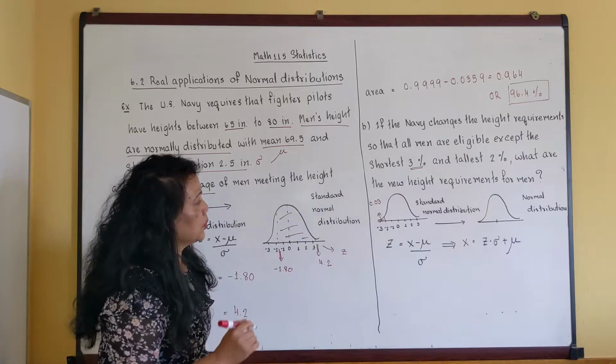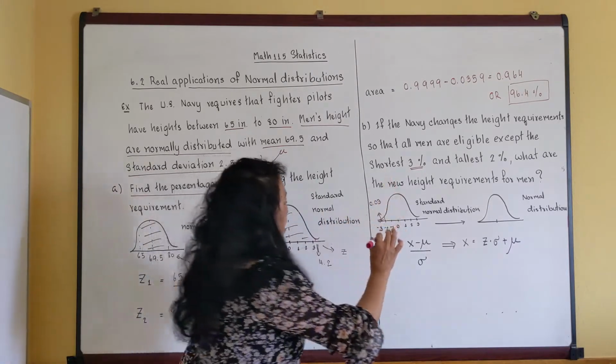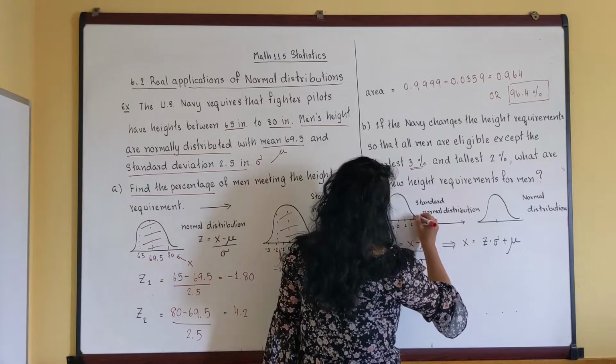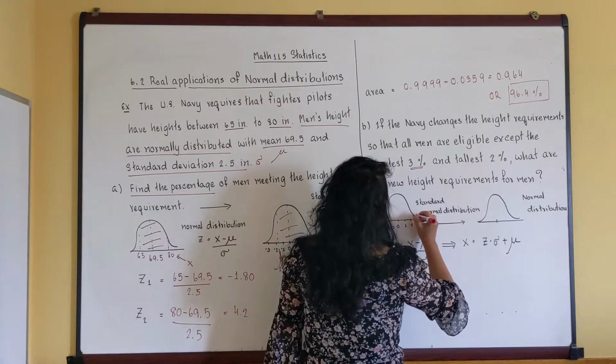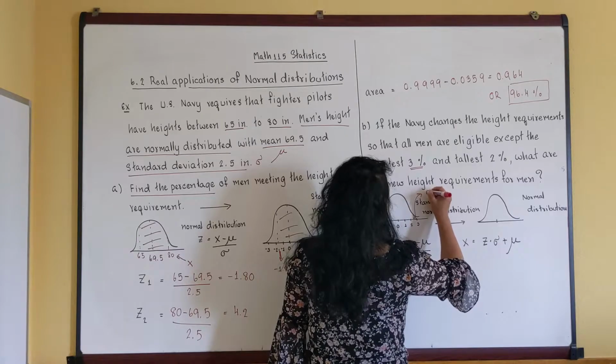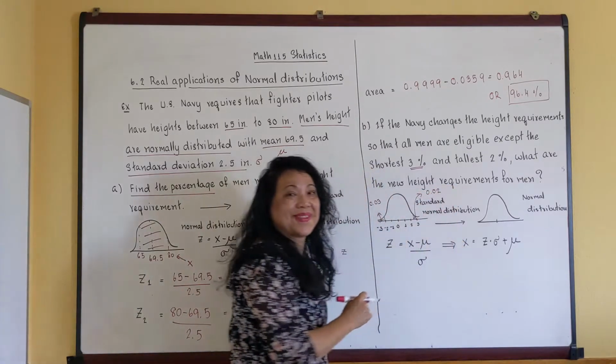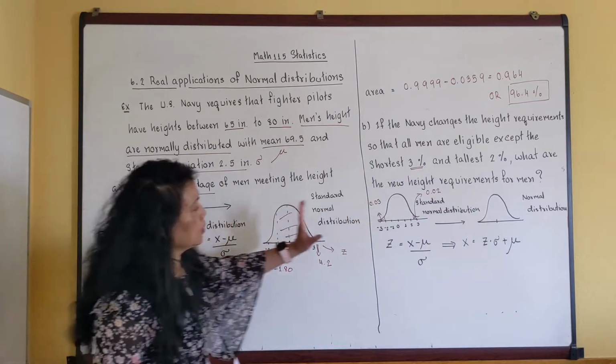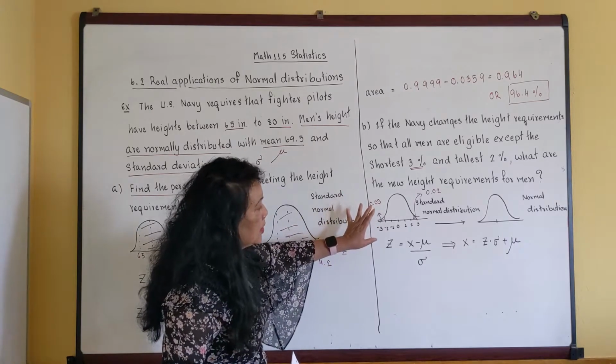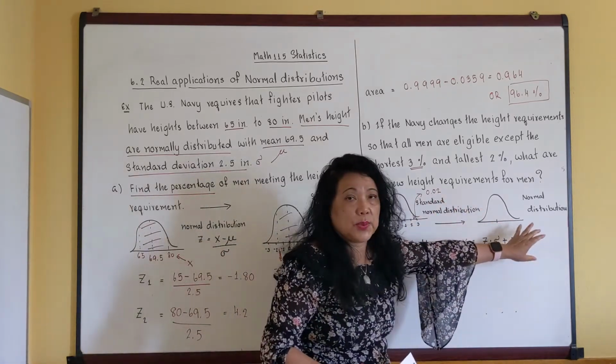Now the tallest 2%: tallest is to the right, the shaded area to the right, 2%. Again, I'm going to convert it to a decimal. Basically, they want you to convert from the standard normal distribution to the normal distribution.